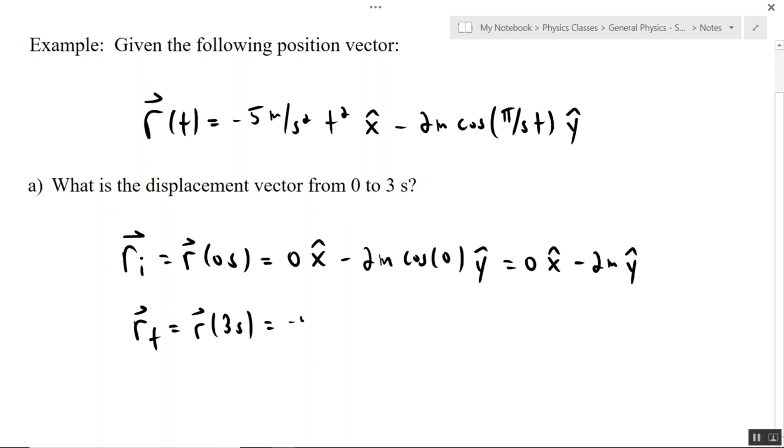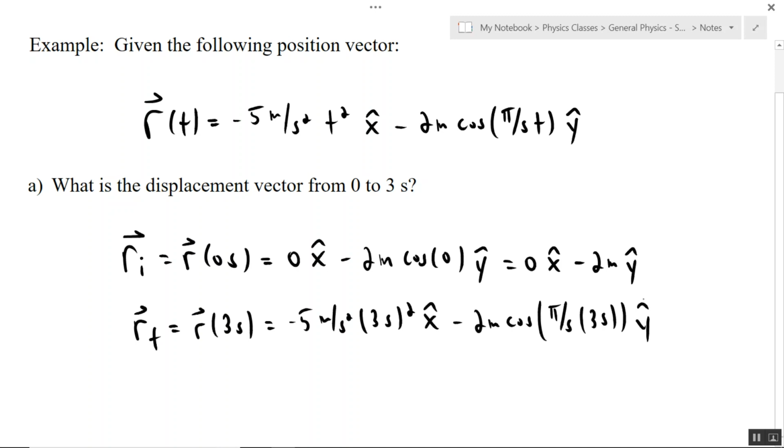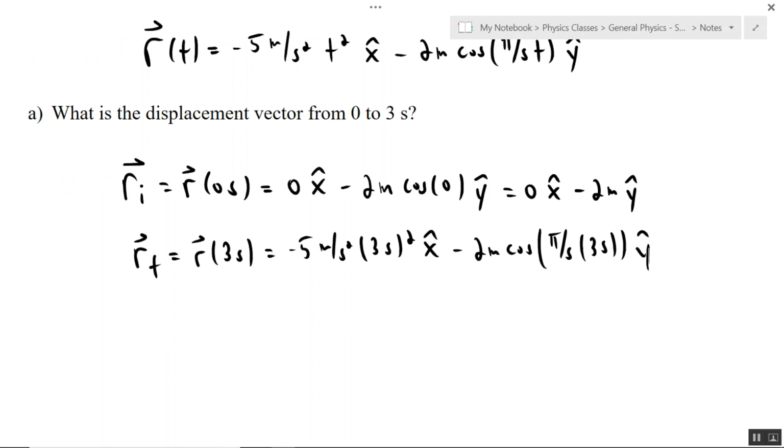So it's minus 5. Okay, so you can figure this out pretty easily. It's just 9 times 5, right? So it's minus 45, right?